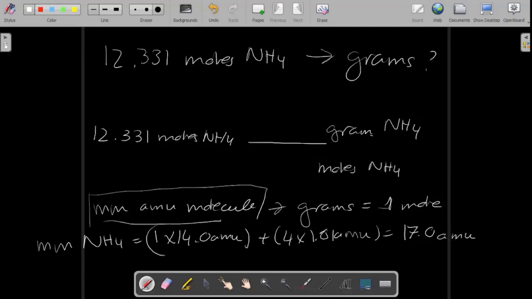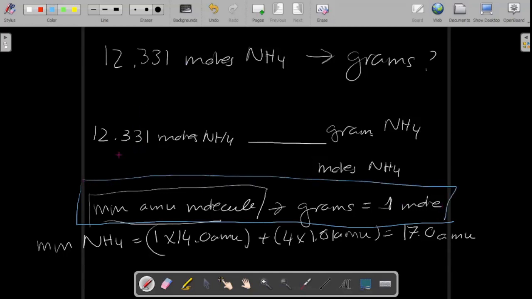I'm going to pick up a different color. Let's do it in blue. I'm going to try to walk you through this thinking process. We just found out that this was 17.0 AMUs.